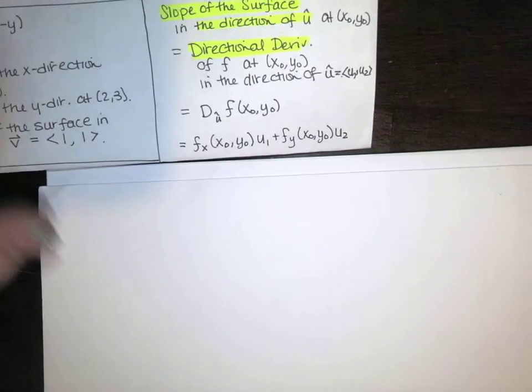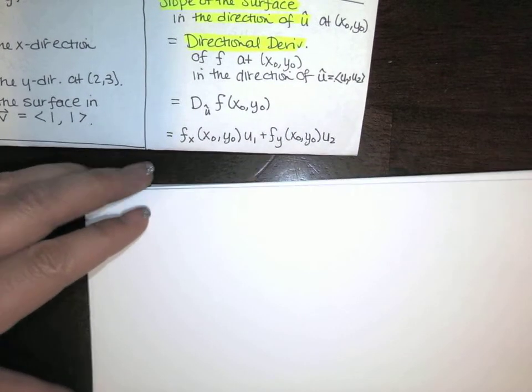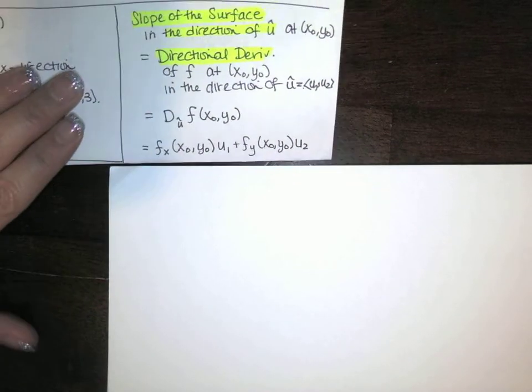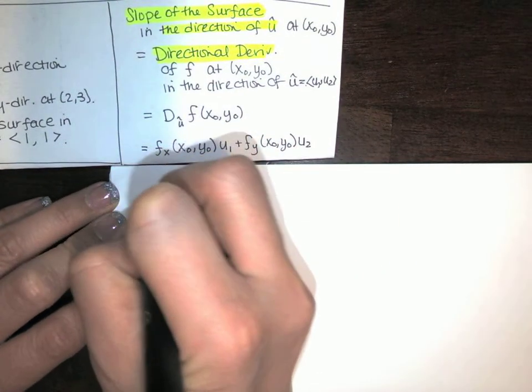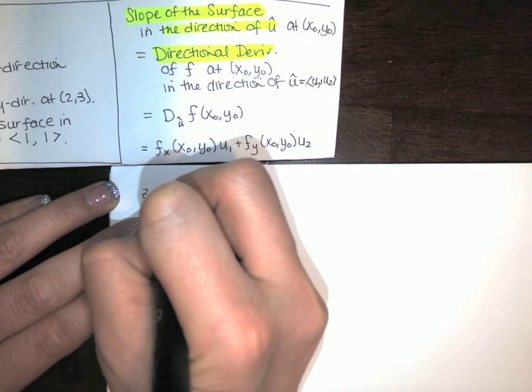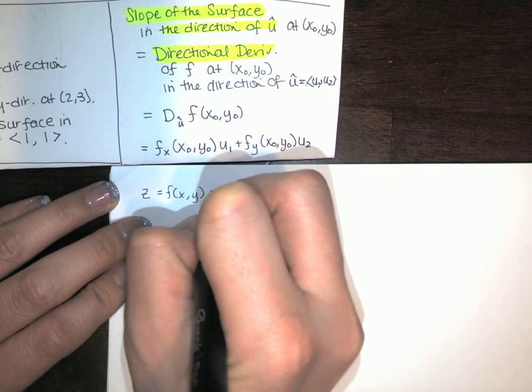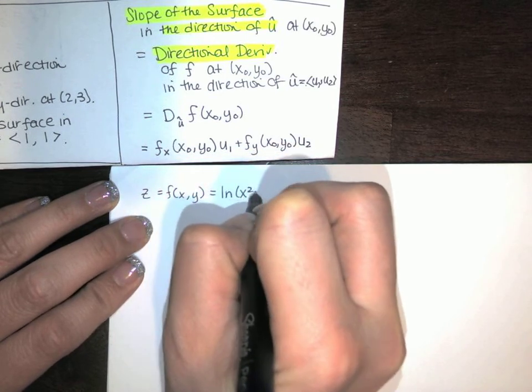Okay. So there's my formula. And I've got z equals f of x, y equals natural log of x squared minus y.